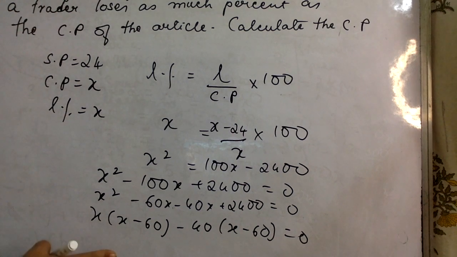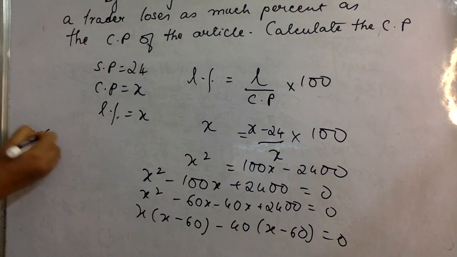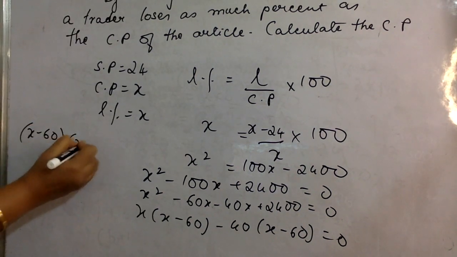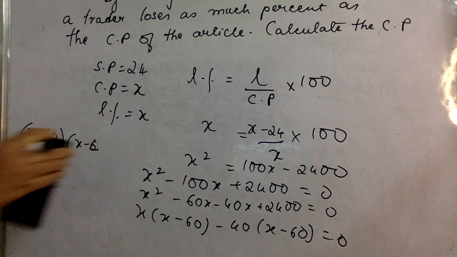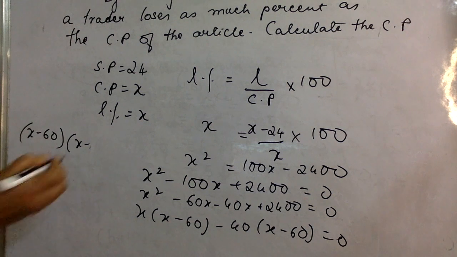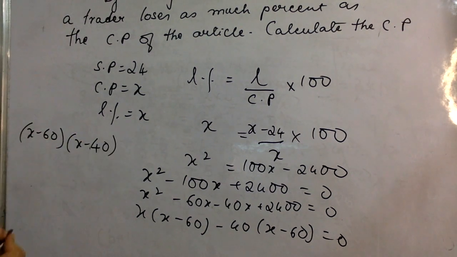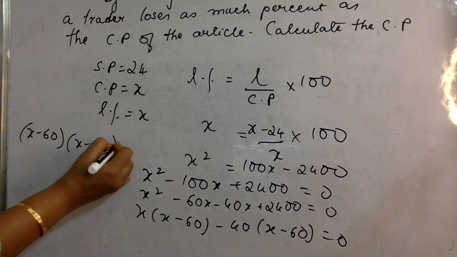So you get x minus 60 and x minus 40 is equal to 0.